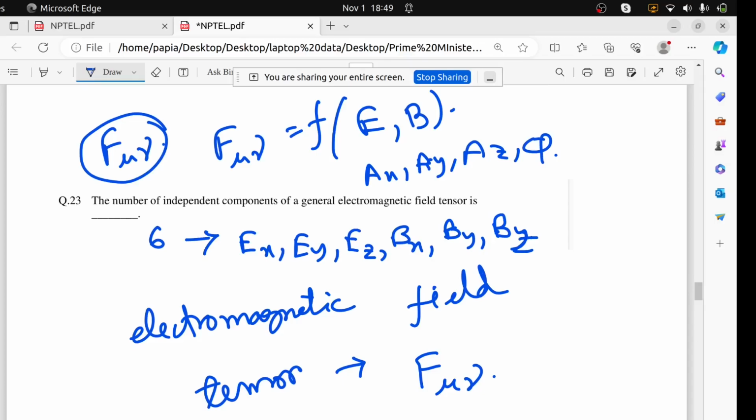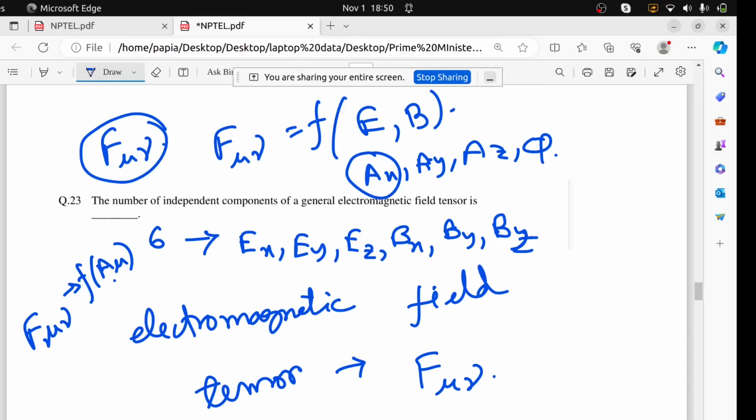Yes, so Ax, Ay, that is also correct. Obviously, we can say that F mu nu is a function of A mu. A mu means what? Ax, Ay, Az as well as A0, and A0 is nothing but phi. But the question is, how are Ax, Ay, Az and phi coming? They are coming from Ex, Ey, Ez, Bx, By, Bz.